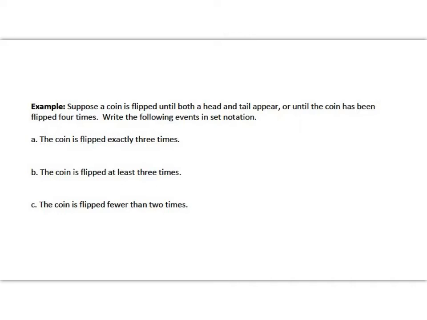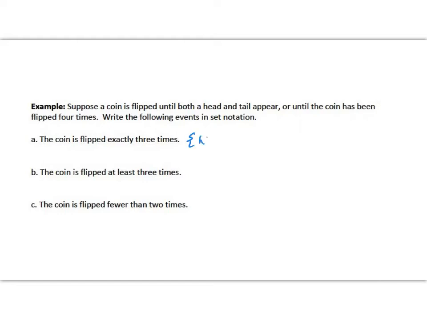So exactly 3 times. So if that's the case, then there's 2 possibilities here, because the first time that you toss the coin, you're going to get a head or a tail. The second time, you have to match what you got on the first in order to keep flipping. Or on the third one, that's when things switch.